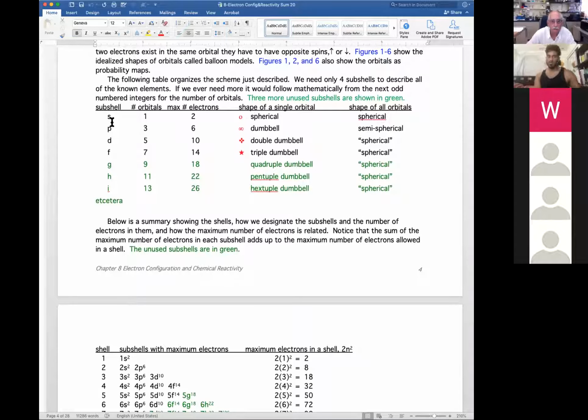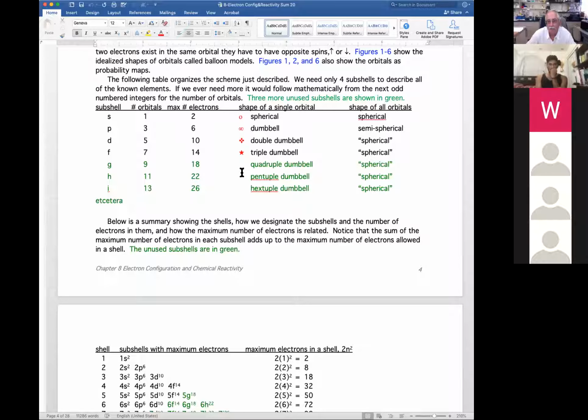So here are the subshells, and again, we need only 4. Here's the number of orbitals in each one. You can see that's a mathematical progression. So is this, because the maximum number of electrons is simply 2. So an orbital can have 0 electrons, 1 electron, or 2 electrons. If it has 2 electrons, those 2 electrons have to have opposite spins. And here's just a symbol showing you that the shapes are different.